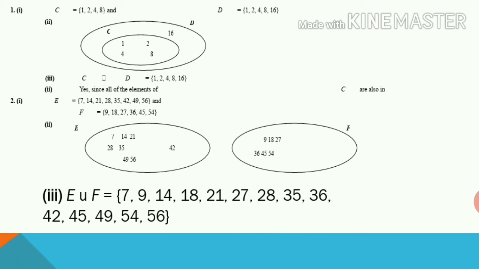So write down all the elements, but remember that you have to write down the elements with the sequence. So write down the elements, which are 7, 9, 14, 18, 21, 27, 28, 35, 36, 42, 45, 49, 54 and 56. I hope that this practice is clear to you.